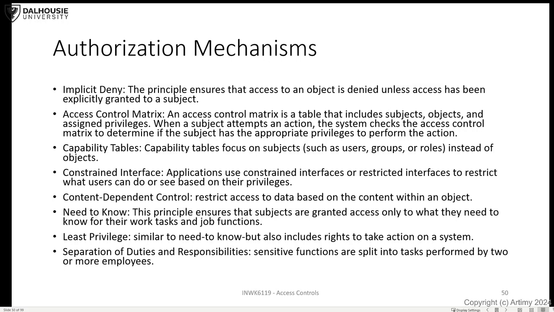It's less likely for multiple people to do something harmful. So the task is split among multiple people. Each one does part of the job, but not the complete job, and then hands it over to somebody else who completes the job. So nobody has control over the whole process, and this way we make sure that nobody is abusing their authority or doing something that they're not supposed to be doing.